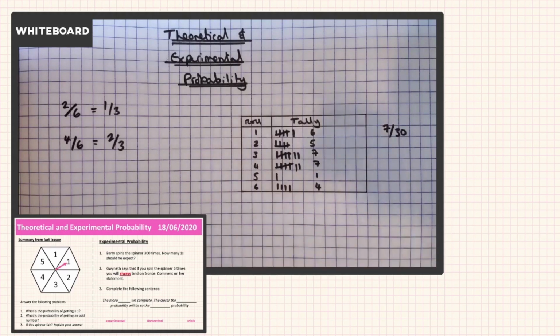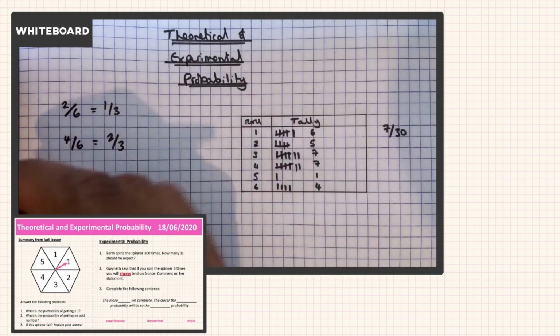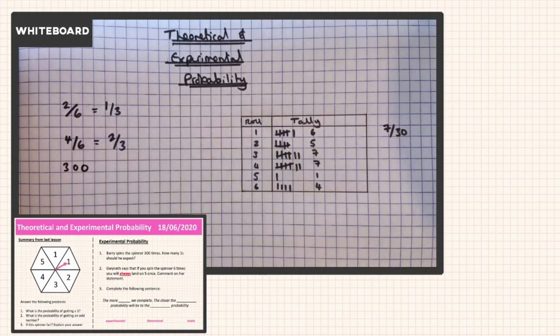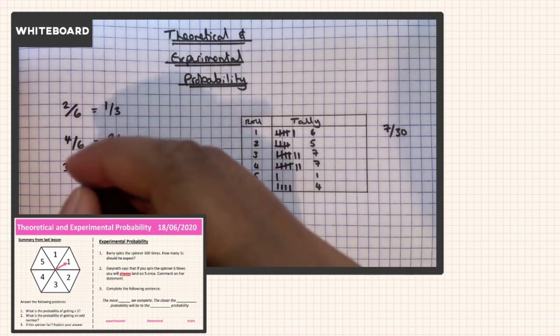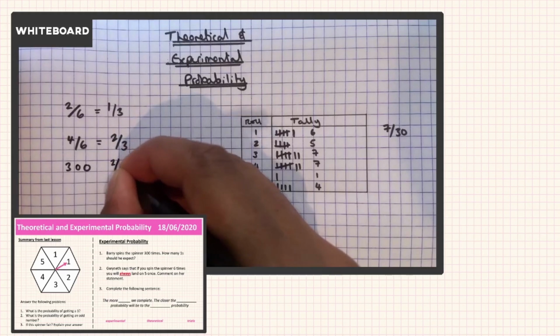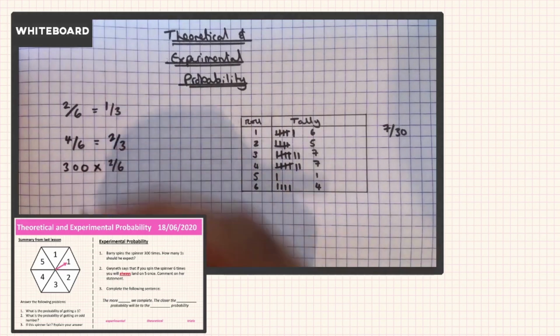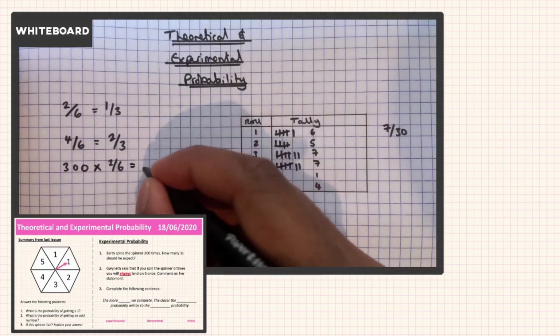Okay? Now let's look at the experimental probability questions. So we said Barry spins a spinner 300 times. How many 1s does he expect? Well, the maths I'd need to do is the following. If I've got 300 spins, and I know out of those 300 spins, 2/6 of them are going to be 1, I'm going to multiply those together, which will give me 100.